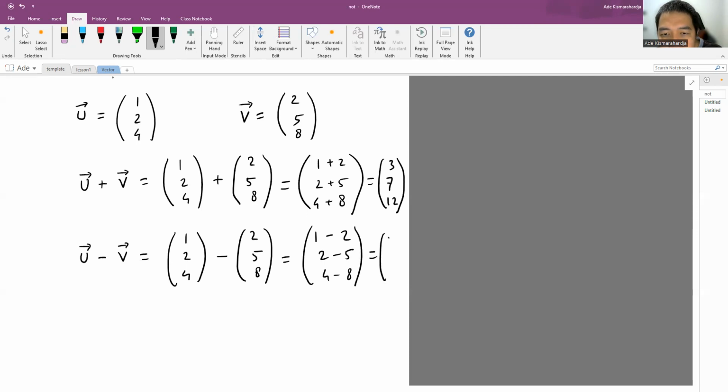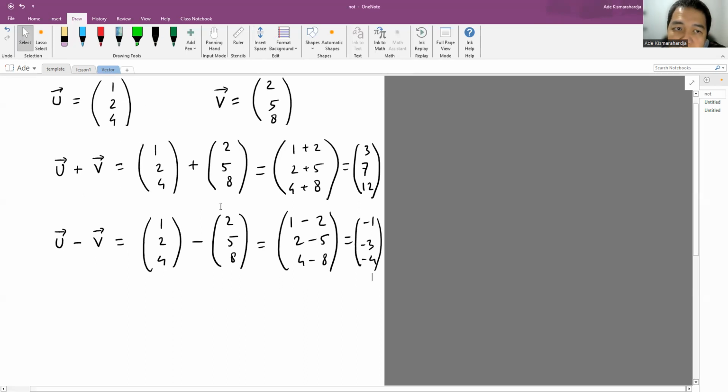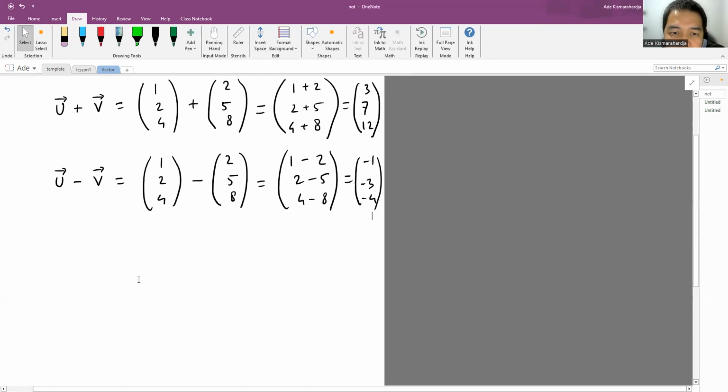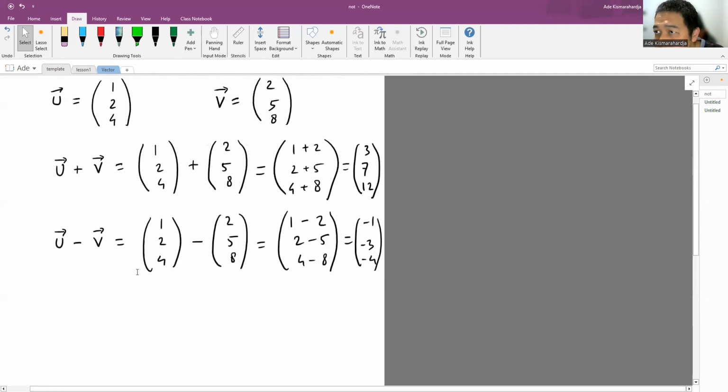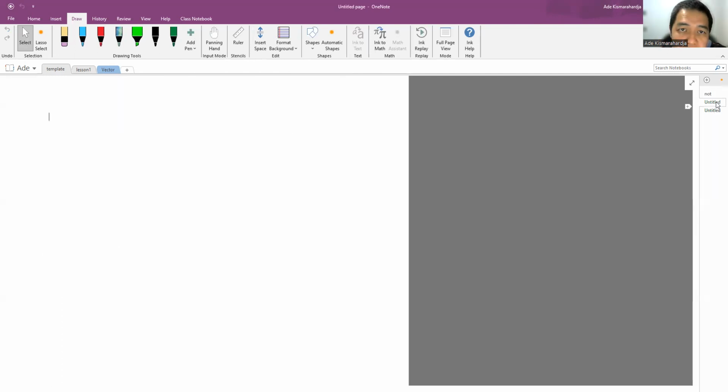So we'll get minus 1, minus 3, and then minus 4. So normally students don't really have difficulties when they add or subtract vectors. That's why I just want to go a bit quick with addition or subtraction.